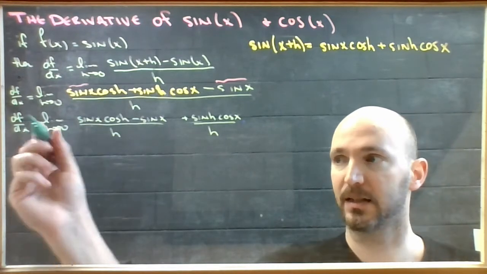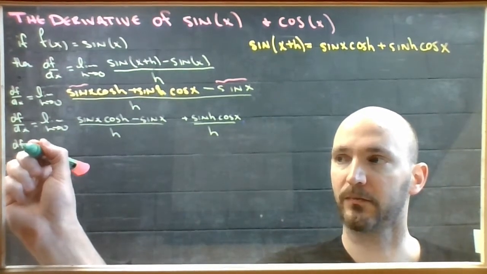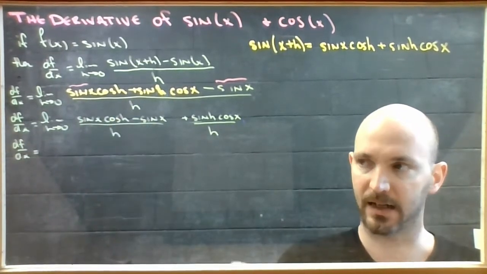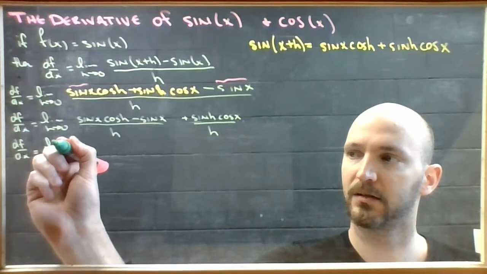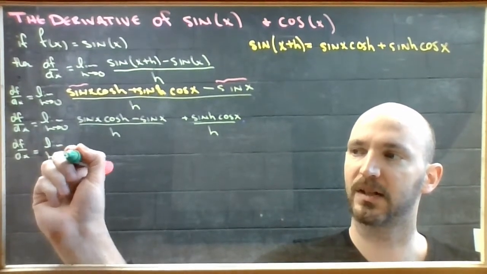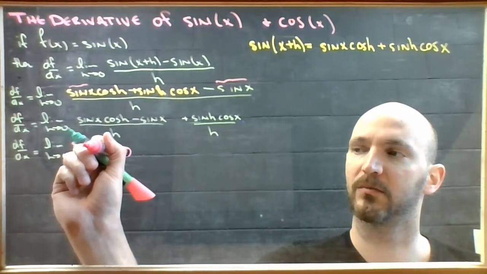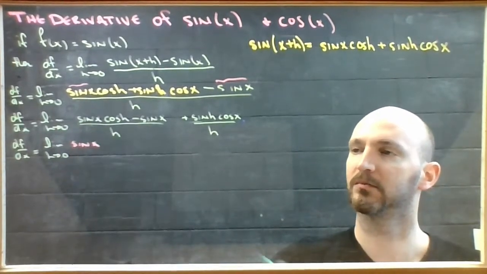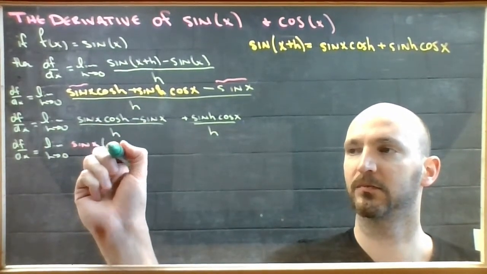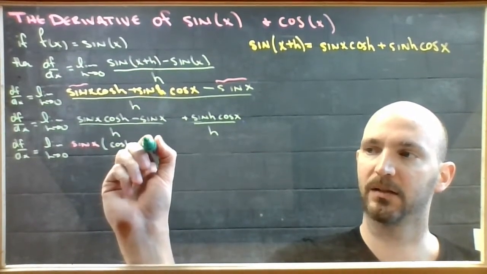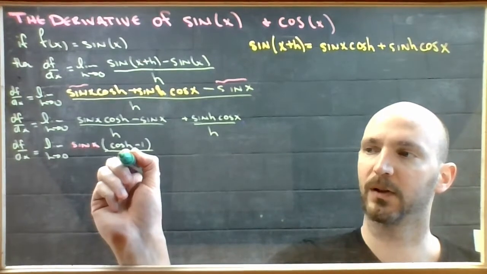So in my next line, df by dx is, I have a sine x here, so the limit as h goes to 0. I have a sine x in this term and this term. I'm going to pull it out. That leaves me cos h minus 1 over h.